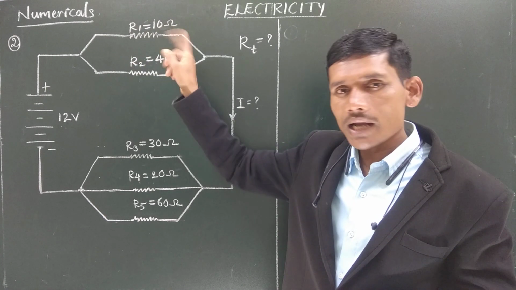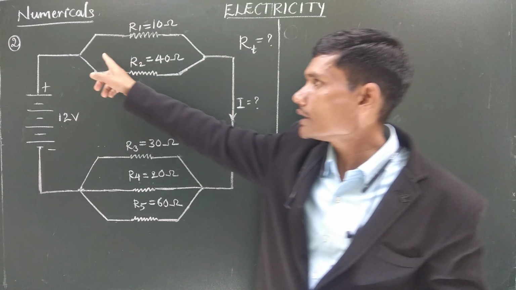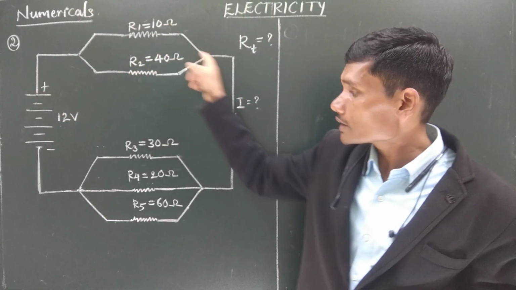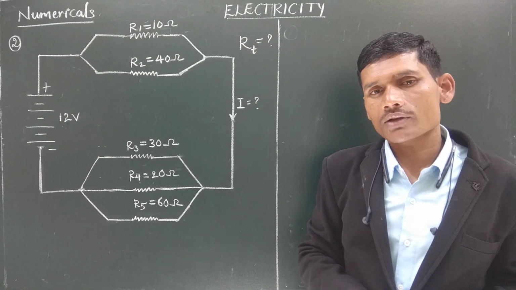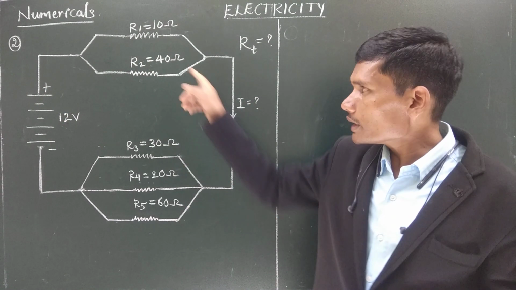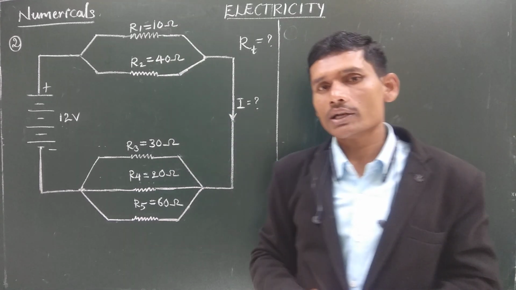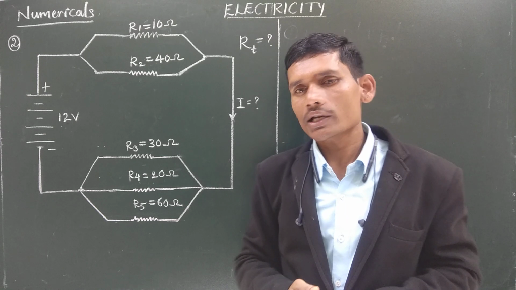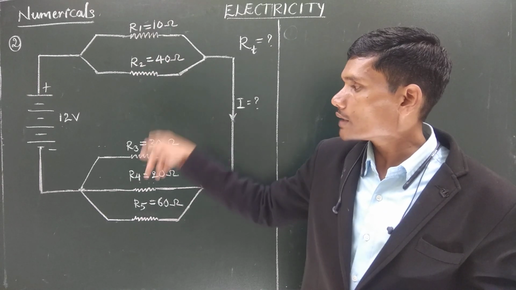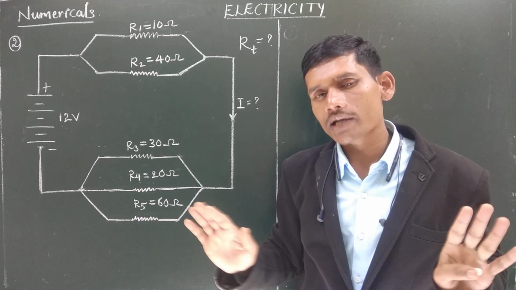One end is connected to the battery, the other end is connected to the other equivalent resistance. That means they are in series connection. In this case, to get the total current, we cannot go on adding I1, I2, I3, I4, I5. We cannot add them all.